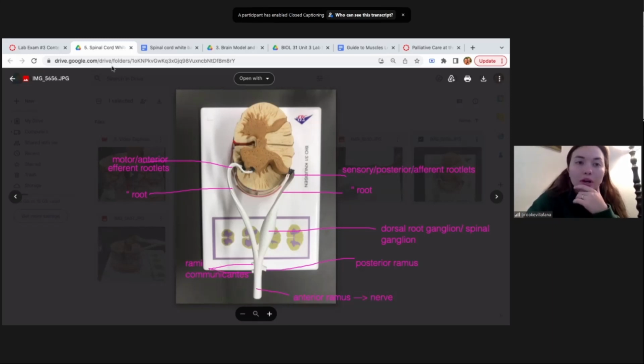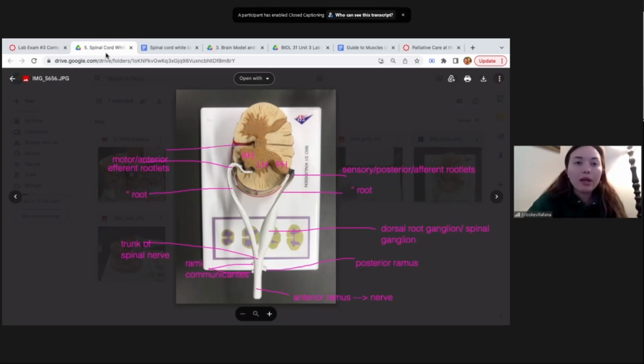And then the trunk of the spinal nerve right here, where they basically meet, where the motor and the sensory meet, is the trunk of the spinal nerve. All right, and then looking at our actual thing here, posterior horn again, lateral horn, anterior horn. We have the same kind of stuff that you need to know again on here.